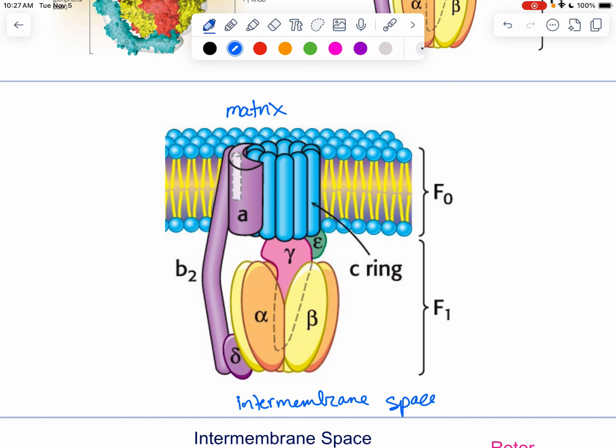We have multiple subunits that are broken down into two sections. So we have this F0 section, okay? That is the transmembrane portion.